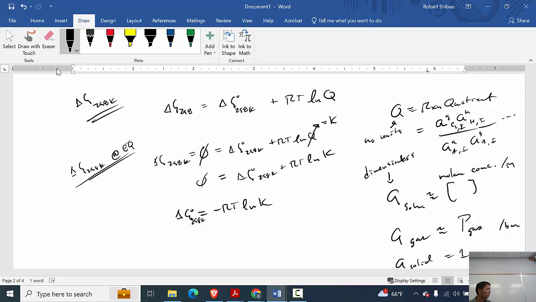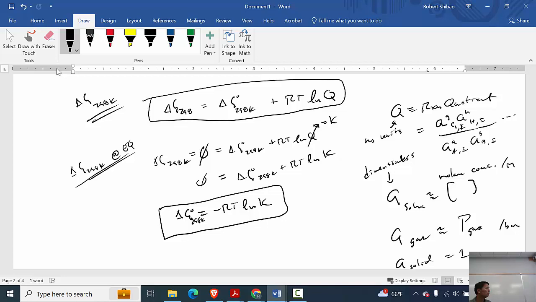Let's see, delta G naught at 298 K is equal to minus RT ln of K. And so what we want to do is get an idea of the relationship between K and delta G naught.